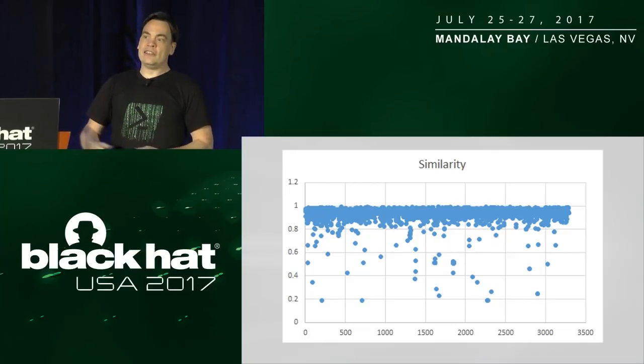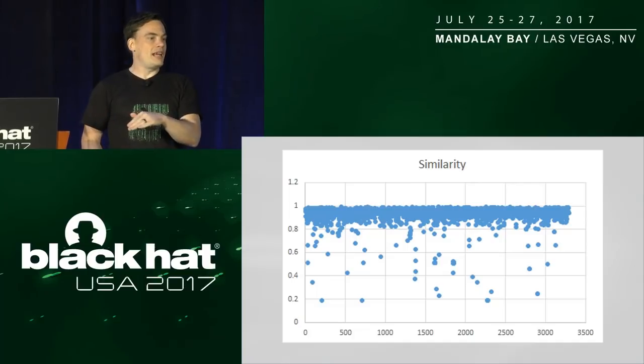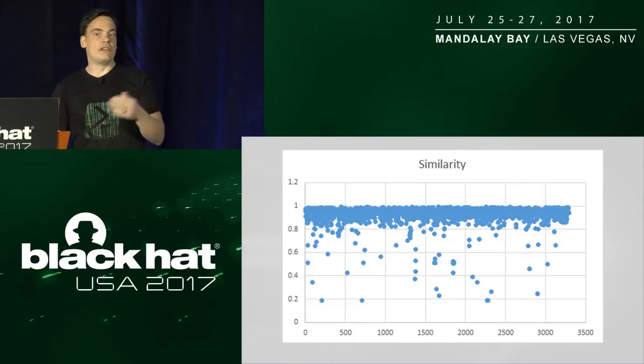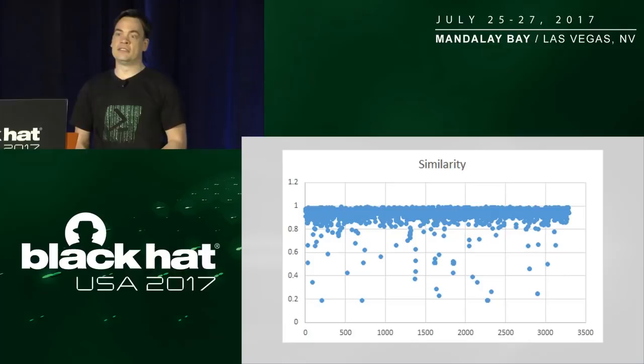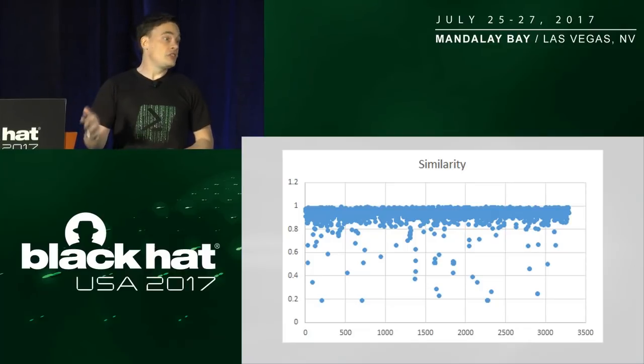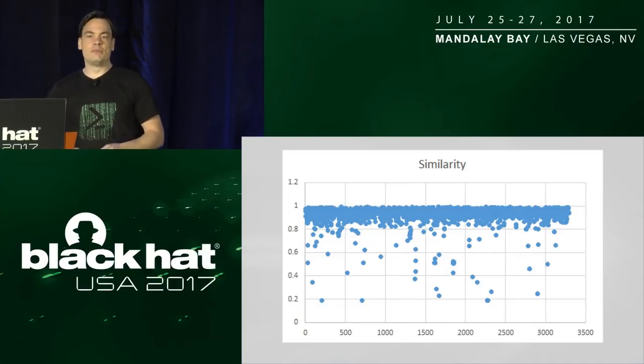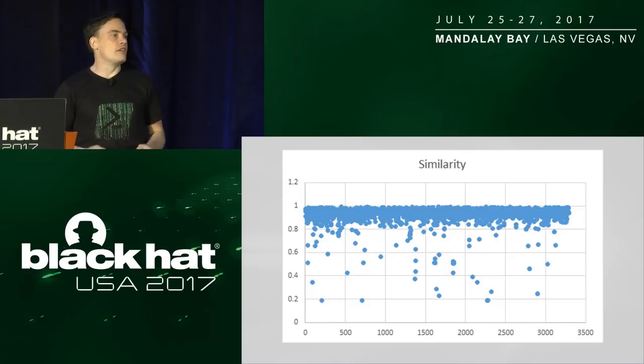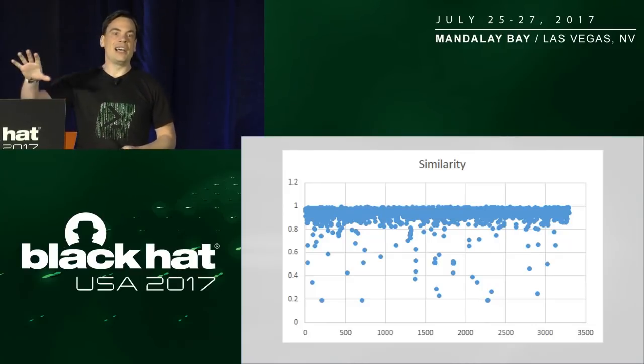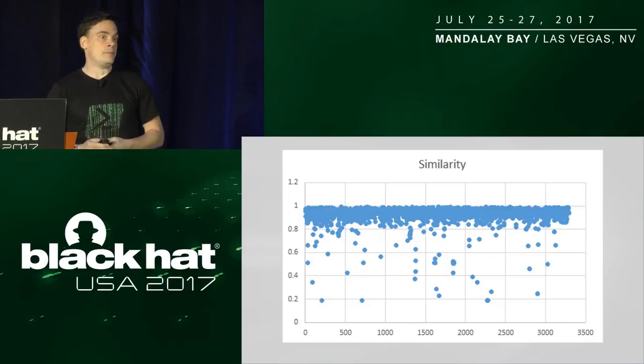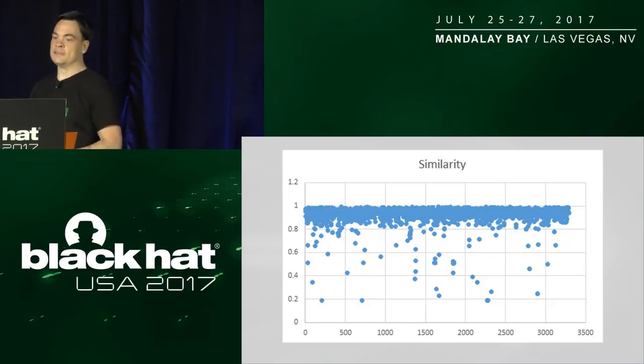When you do look at these, most of these things below 0.8 actually do have a lot of characteristics of obfuscation. And when they weren't done intentionally, a lot of times they were done as part of some sort of code golf competition or something like that. So, it makes sense. It's a really good metric, a way using cosine similarity to start really finding some high density obfuscated stuff in your environment using log processing.